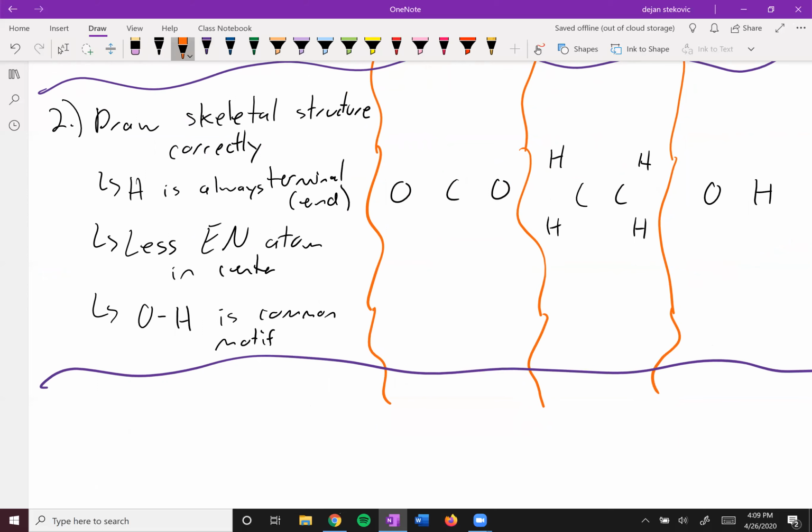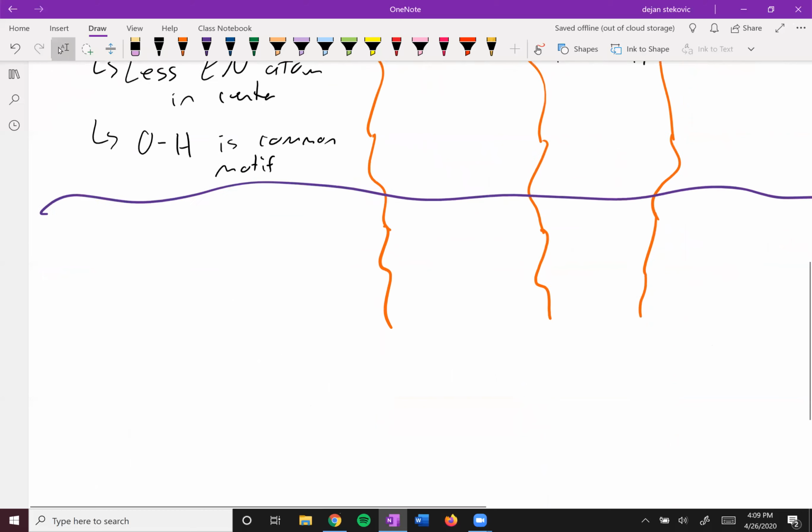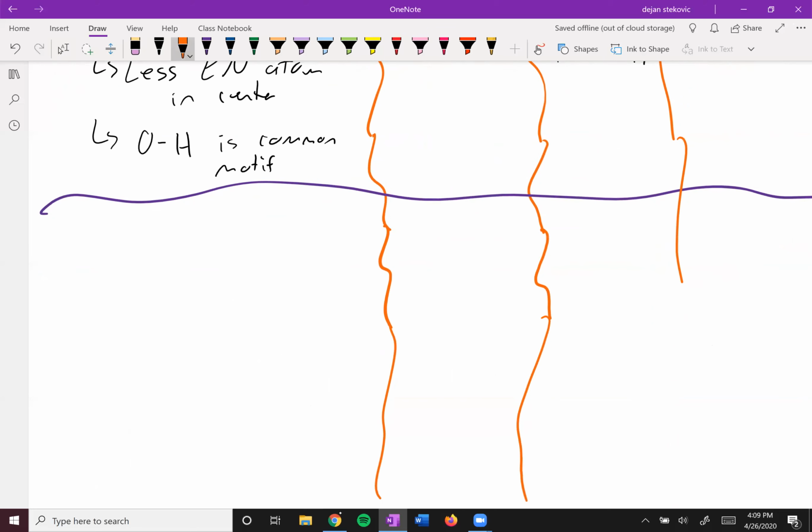So after you've drawn the skeletal structure correctly, the third step is to add bonds and lone pairs.